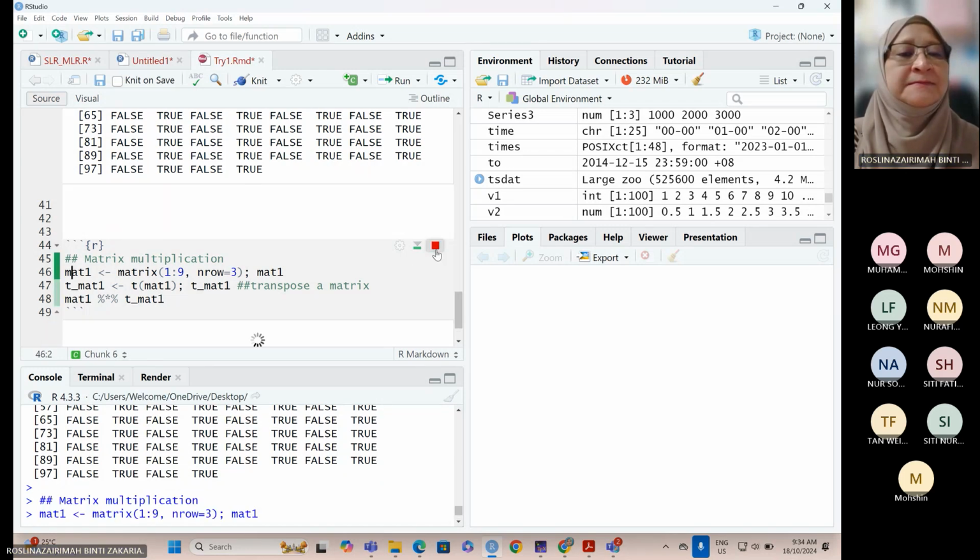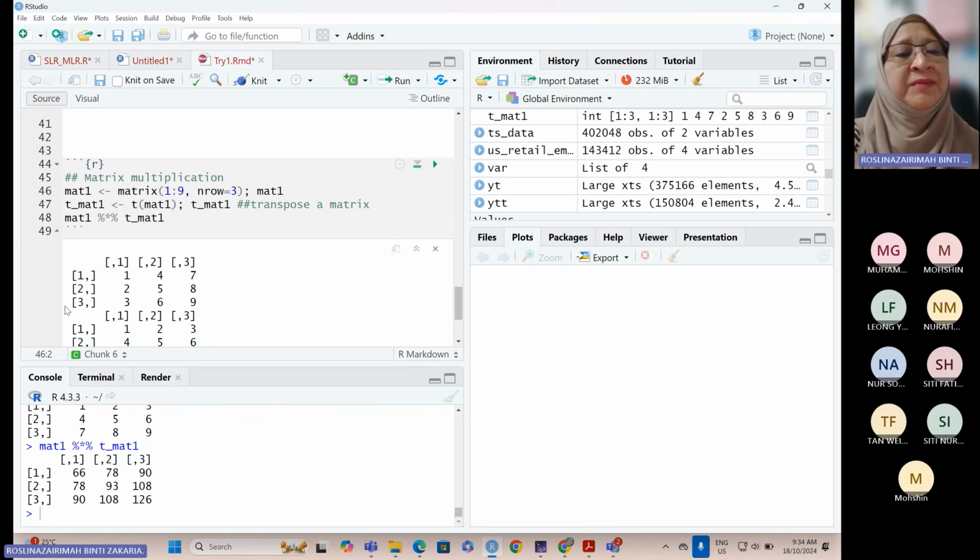For matrices, we can form a matrix from 1 to 9 with 3 rows. It will fill up the first column and then go to the next column. By default it is by column. Then you can transpose.